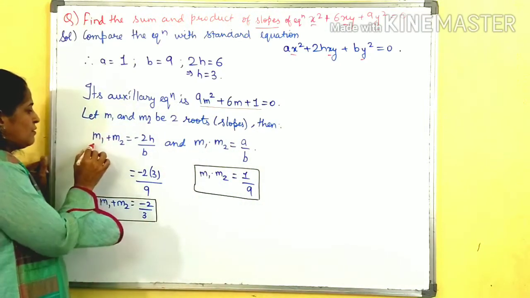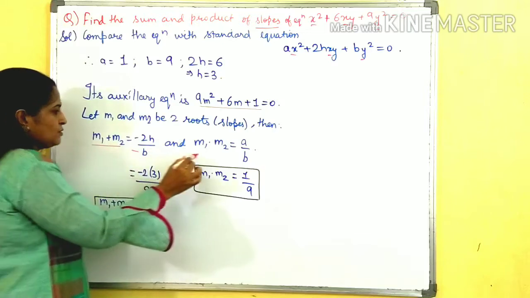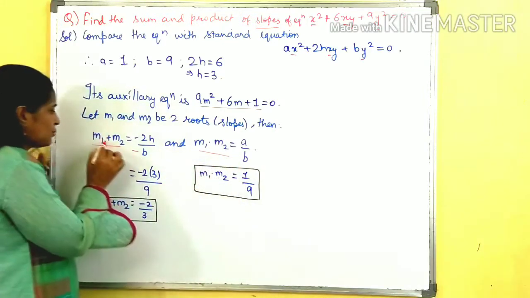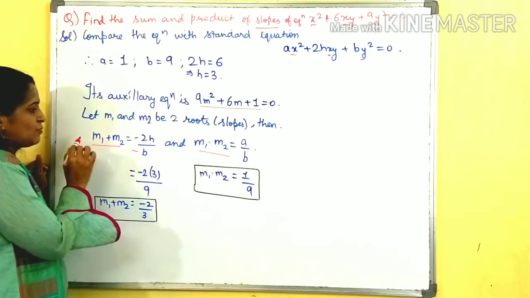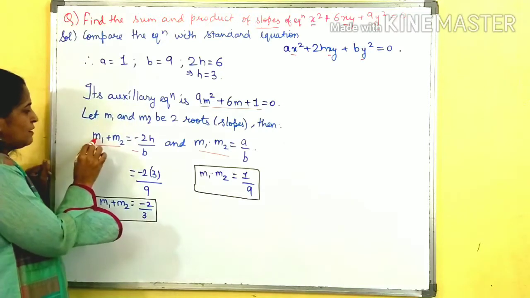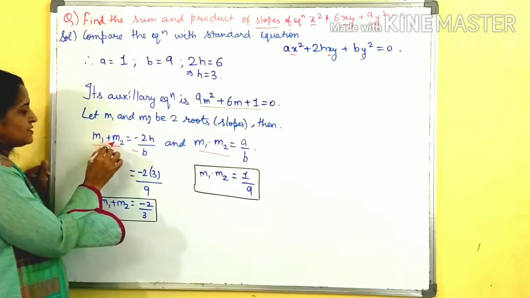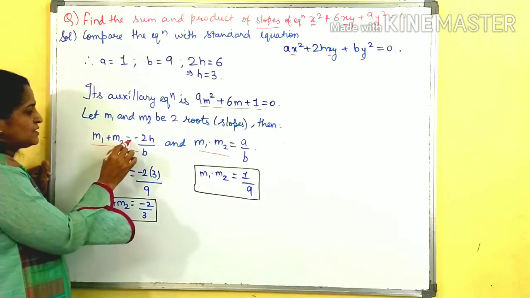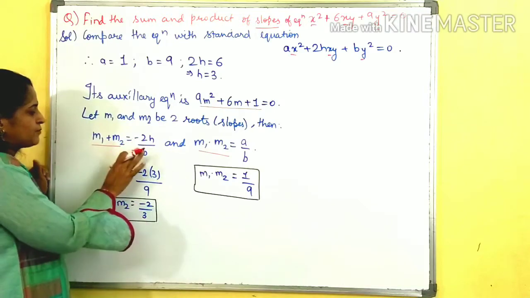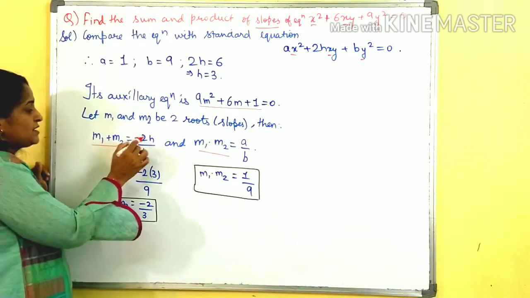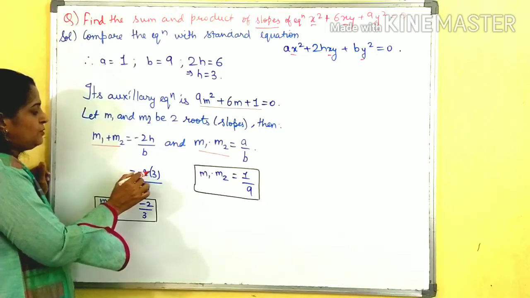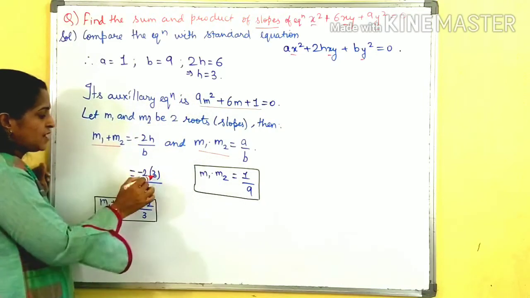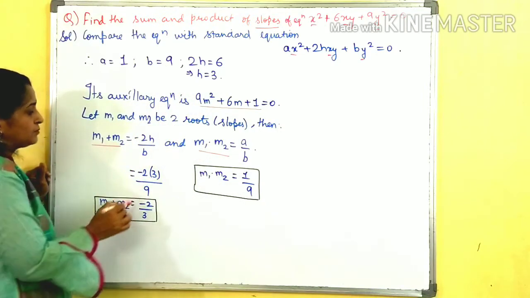So again use the condition for product and sum of the slope. m1 plus m2 is nothing but sum. Sum of the slope is minus 2h by b. Minus 2h, h value is 3, upon b.